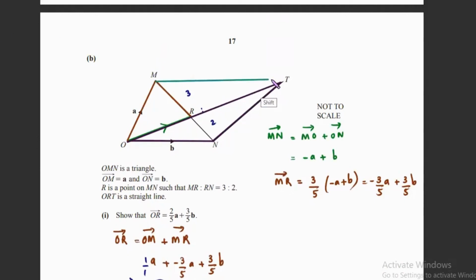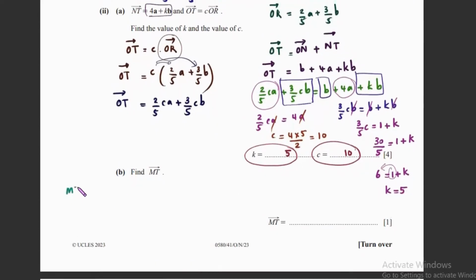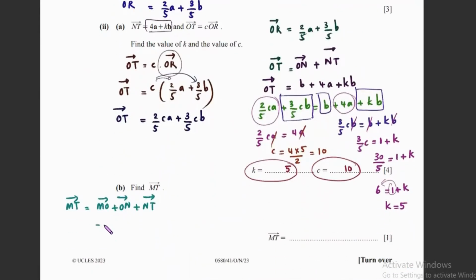I'm going to take the route M to O to N, and N to T. So M to T is the same as M to O to N, and then N to T. M to O will be minus A, and then O to N is plus B. So I can write minus A plus B, and then I have N to T.